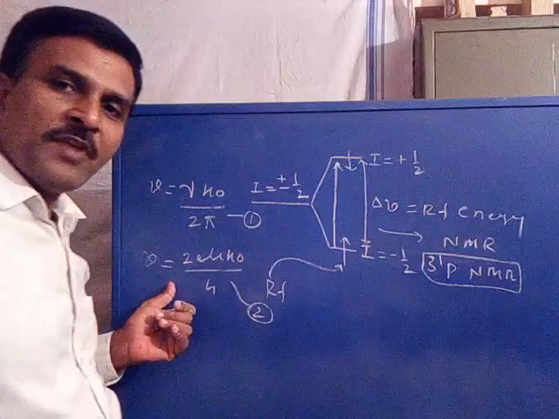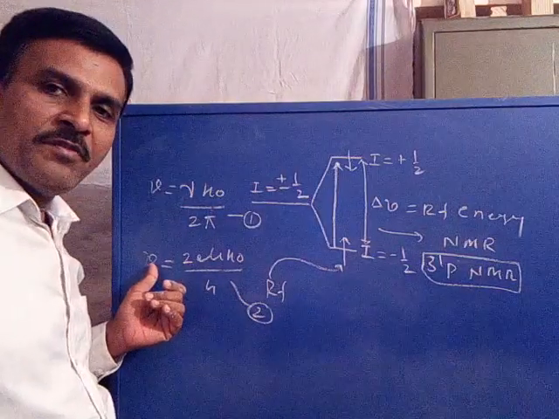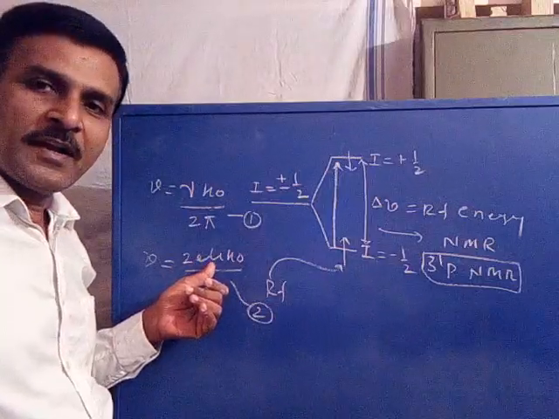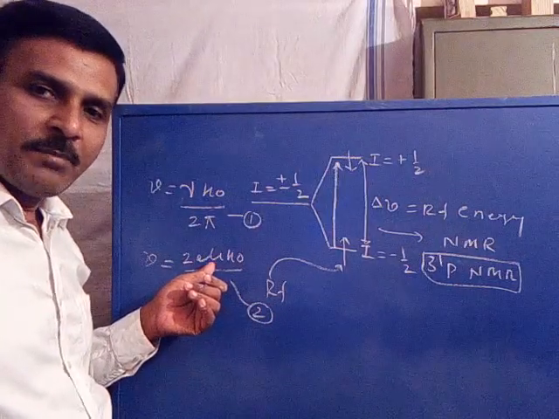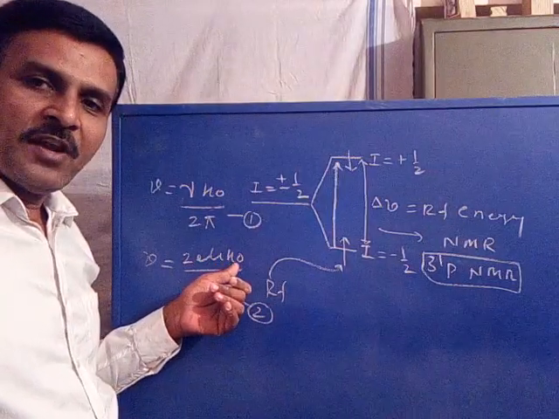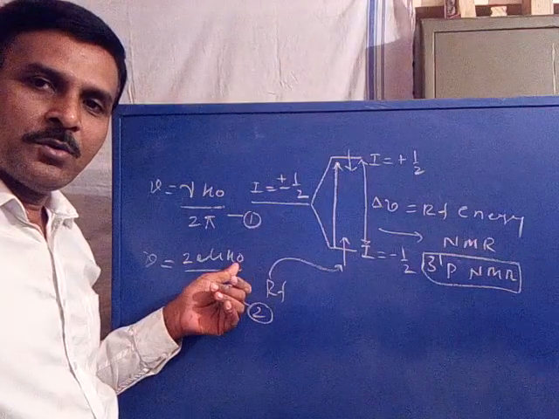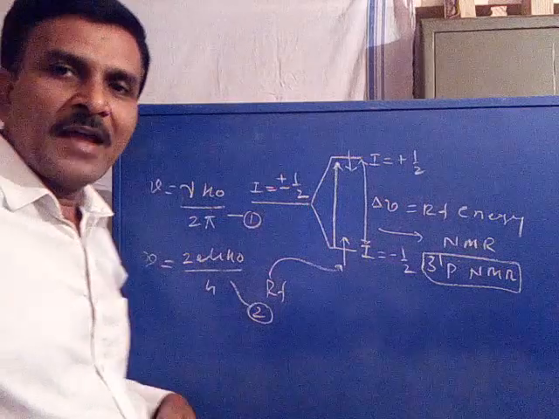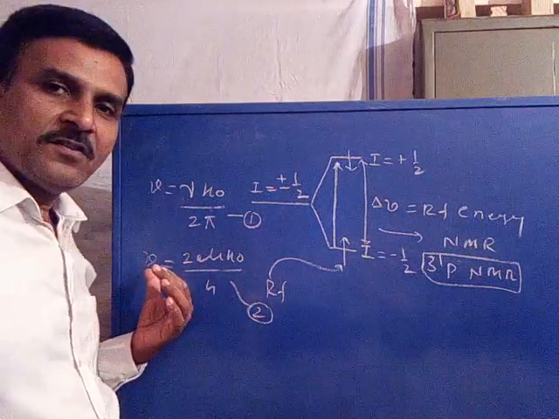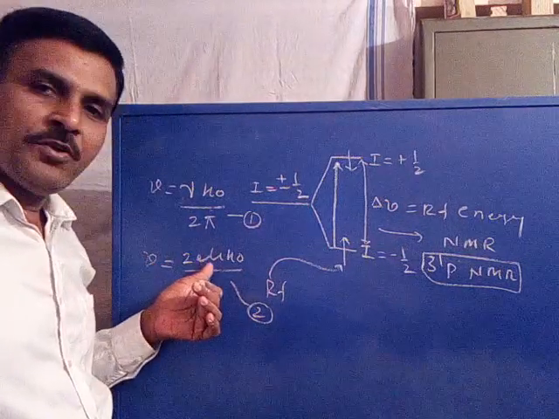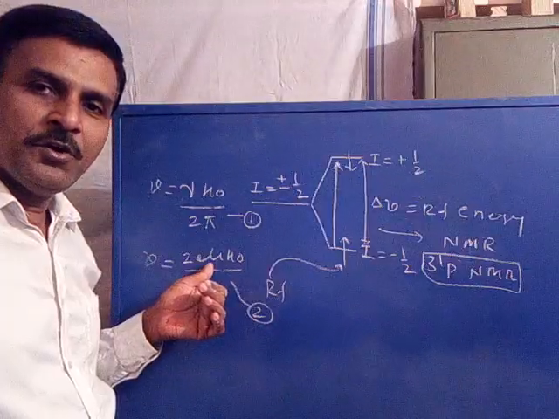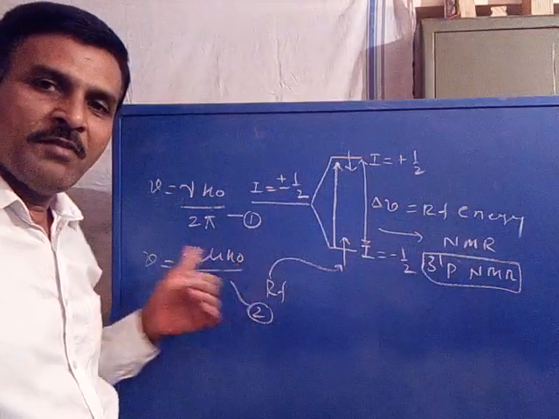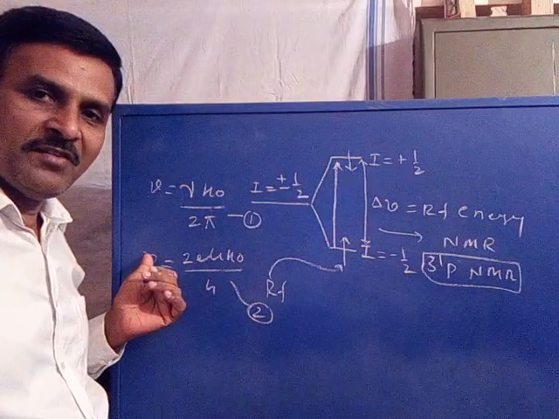Now coming to the second principle, where absorption frequency is also given by 2 into the secondary magnetic field produced by a particular nuclei and the strength of applied magnetic field applied to the nuclei under study. Here h is the Planck constant. If we substitute the secondary magnetic field produced by proton and H0 applied to proton, then we will get the proton absorption frequency.